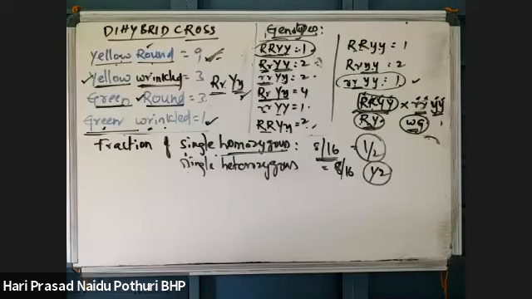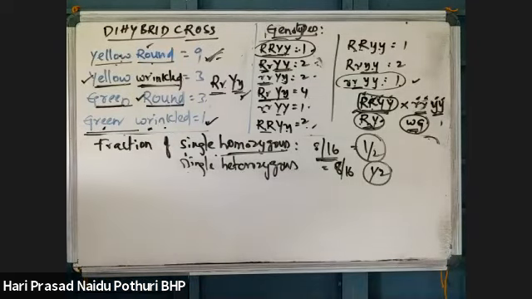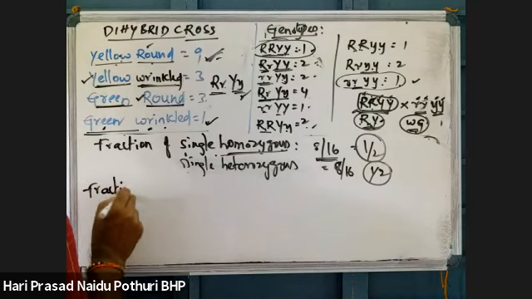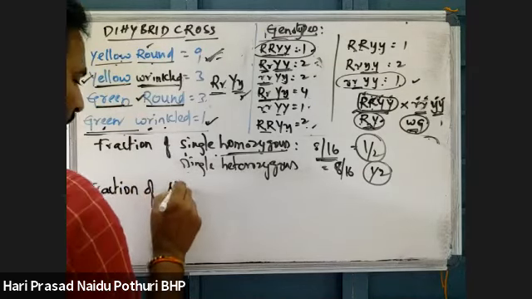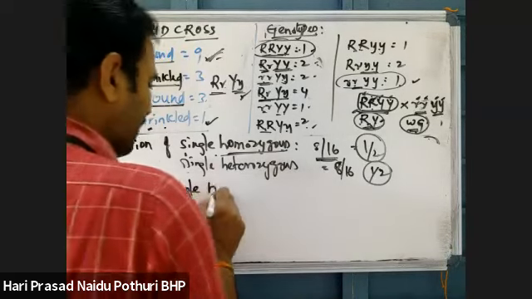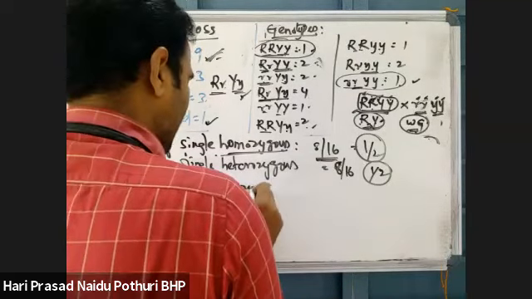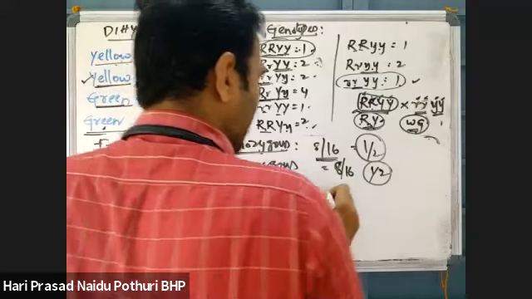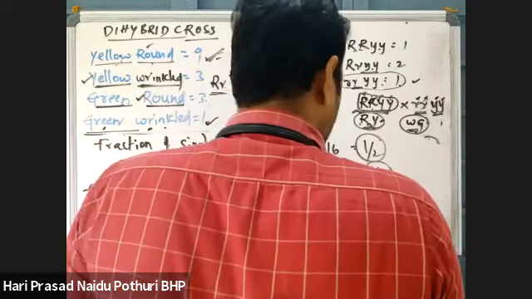Double recessive, double dominant, we saw all the questions. And the fraction of single heterozygous and double dominant.